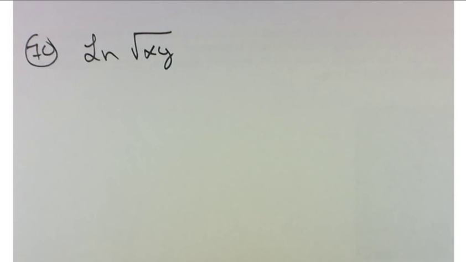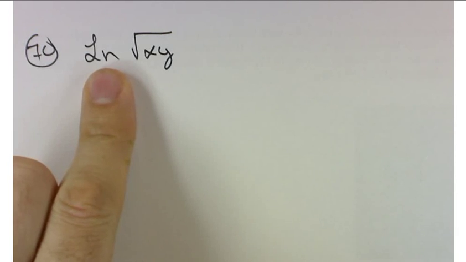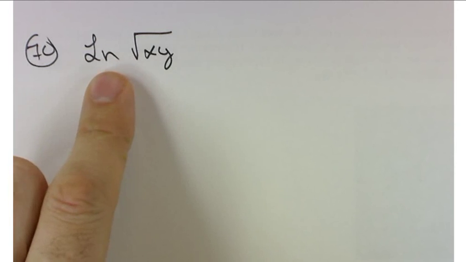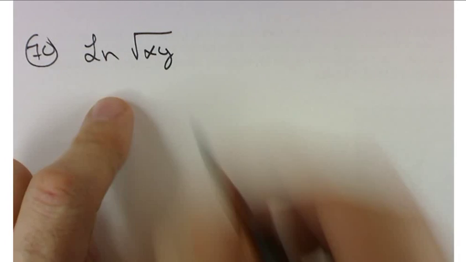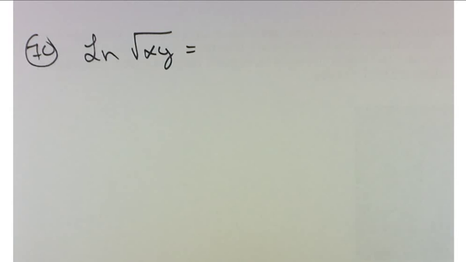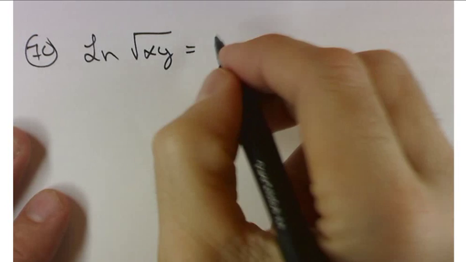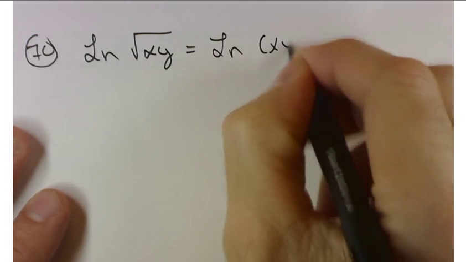Regardless of whether you write this as log base e or ln, what should be our first thing that we do here? How should I rewrite this? Don't make Mitchell do all the work here this morning. Someone else. All right, perfect. ln of xy to the 1/2.